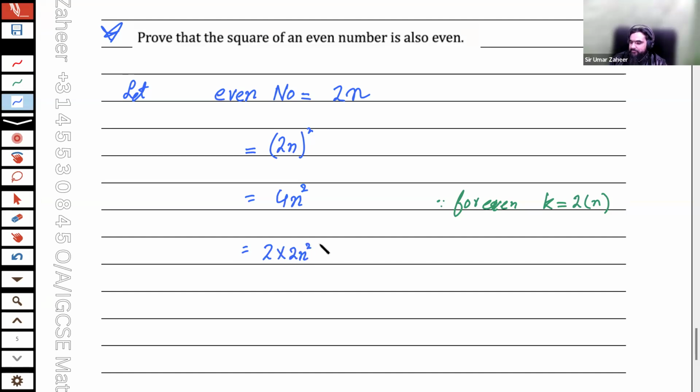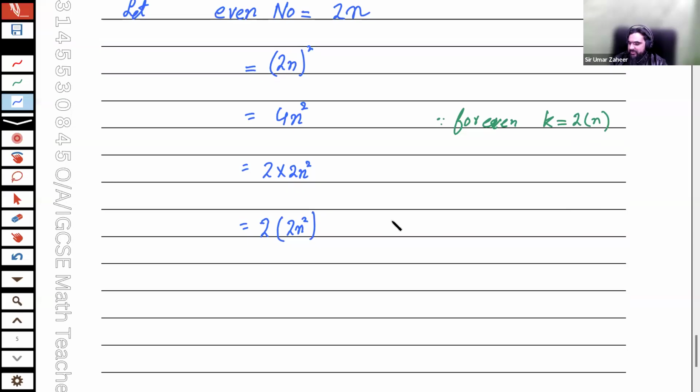Can I write it? Yes, I can break down the 4, that is 2 times 2. So that will be equal to 2 times 2n square. Let 2n square be equal to q. So you will get 2q.